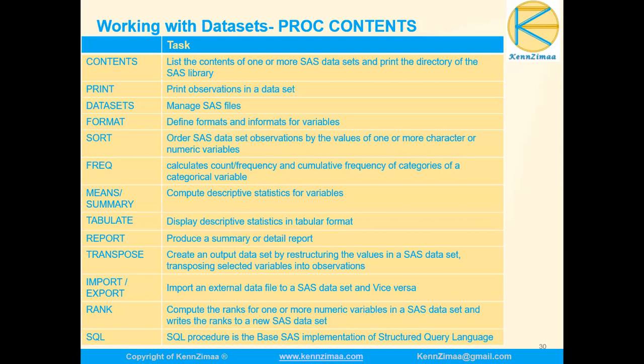PROC sort is for ordering your data with respect to one variable or more than one variable. Then we have PROC freq, which will tell you the count and frequencies of particular variables in your data.